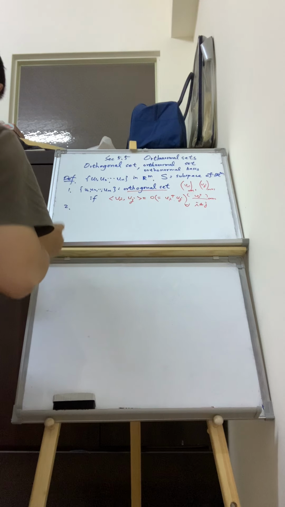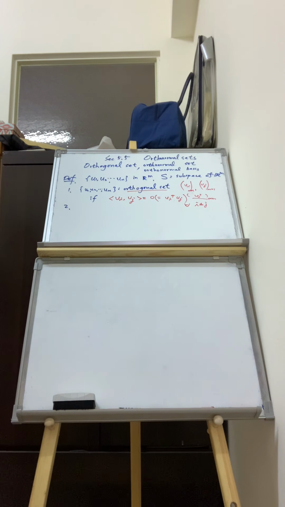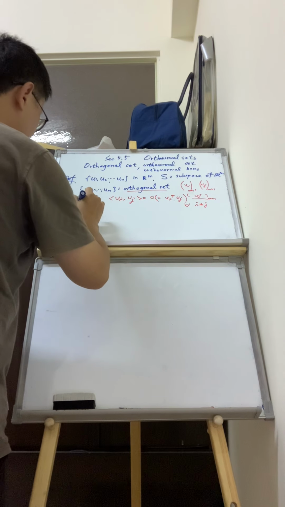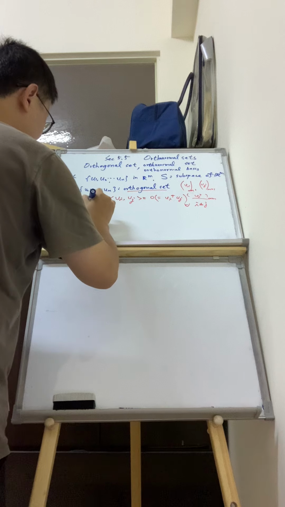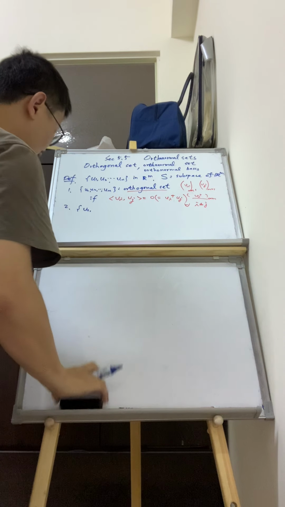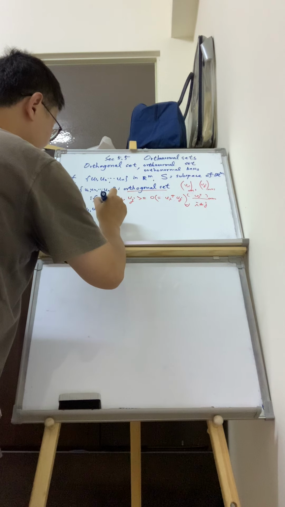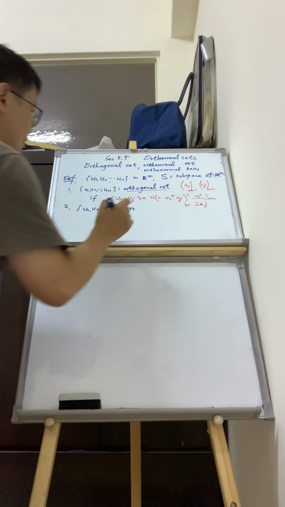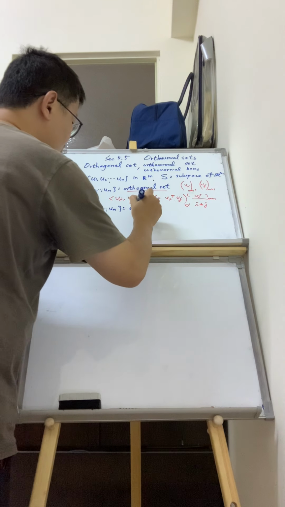Second one: if it's an orthogonal set and we add one more condition, the set containing these n vectors is not only an orthogonal set, it's also normal.